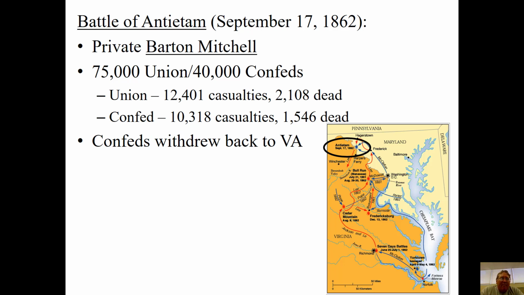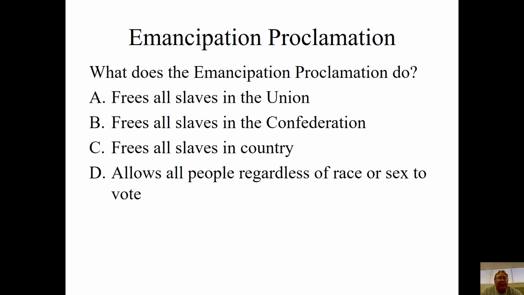So it's not much of a victory for the North, but it is the first battle that they can claim as a victory. And what's really important about this battle, besides just showing how deadly this war is going to be, right, is it does something else. It gives the President of the United States a chance to do something he's actually wanted to do since the war began.